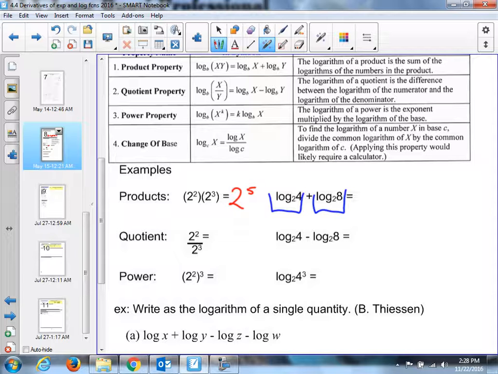Hey, look at this. That's an exponent plus another exponent. What are we talking about there? Well, let's just see here. So this is 4, 2 to the what? This is 2 plus 3 is 5, right? Hey, this is the same thing.